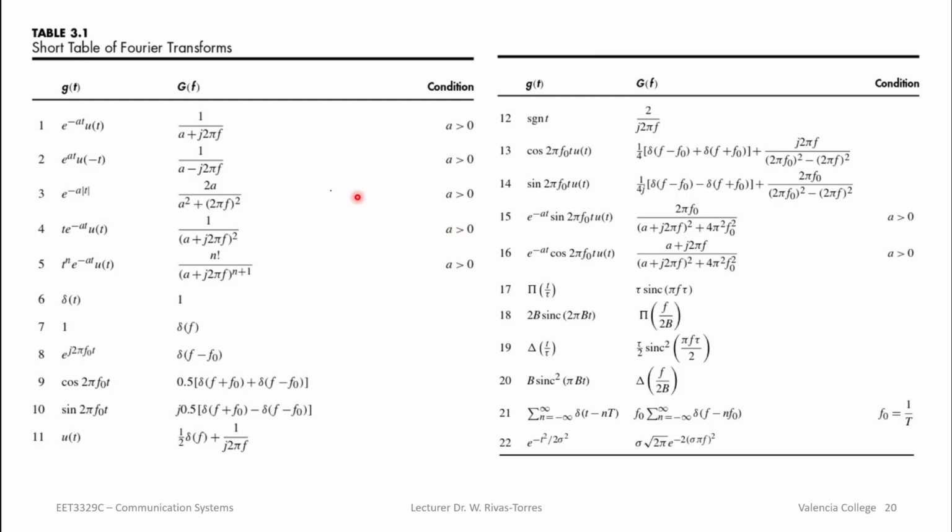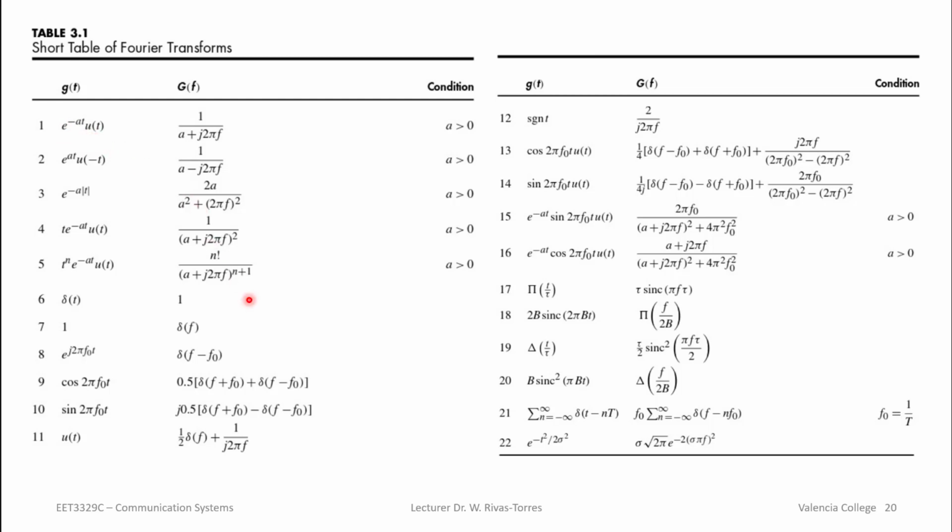Notice that if you identify the Fourier transform, you can immediately perform the inverse Fourier transform. Let's say you identify that you have something that fits the expression 1 over a plus j 2 pi f, then you immediately know that the inverse Fourier transform will be e to the minus at times the unit step.